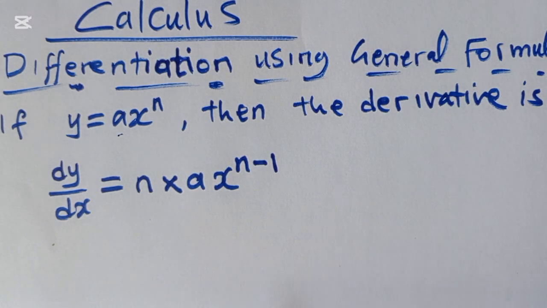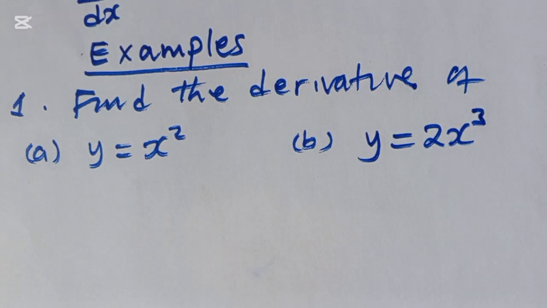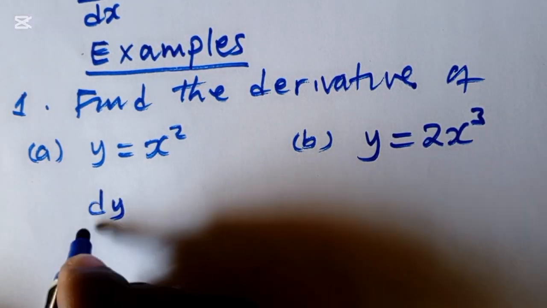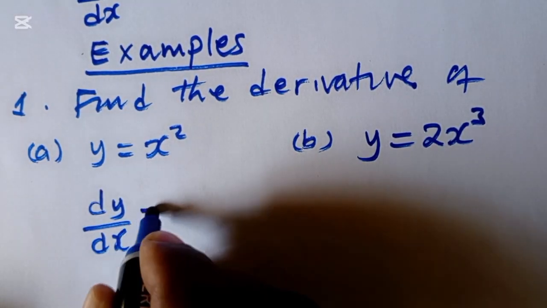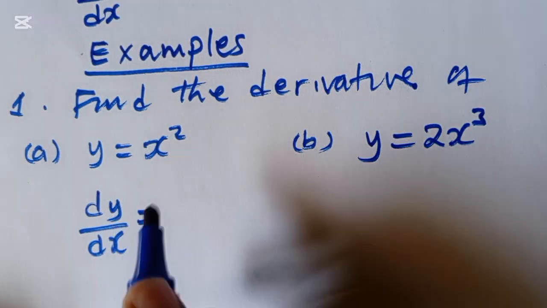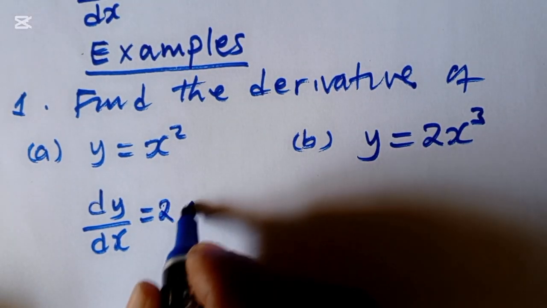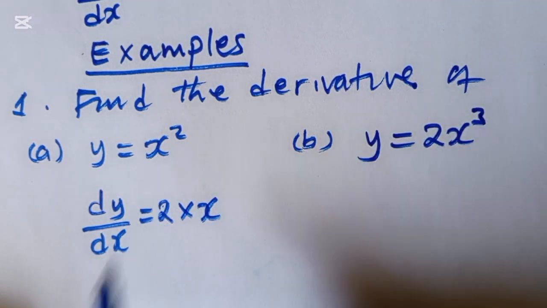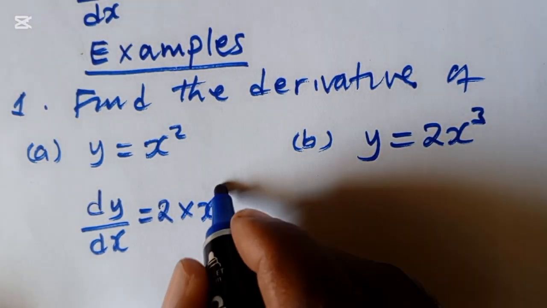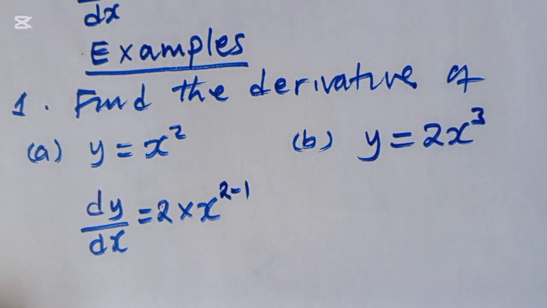Okay, examples. The first example is find the derivative of y is equal to x to the power 2. Remember, we are saying dy/dx is equal to, so we multiply the 2 with x, so 2 times x. Then we reduce the 2 by 1, so 2 minus 1.